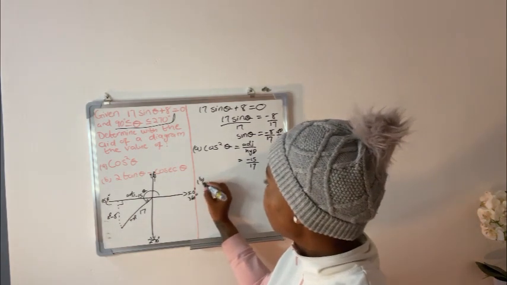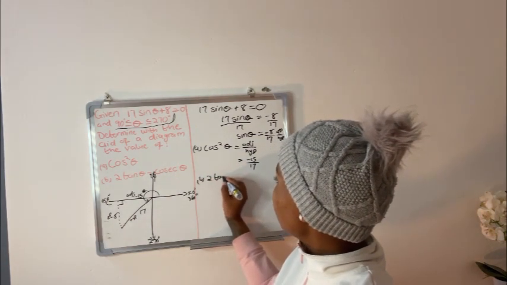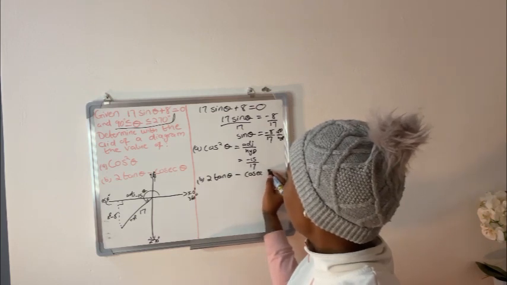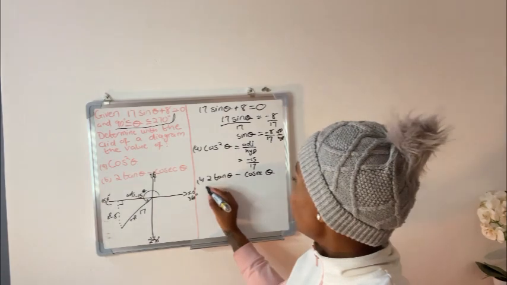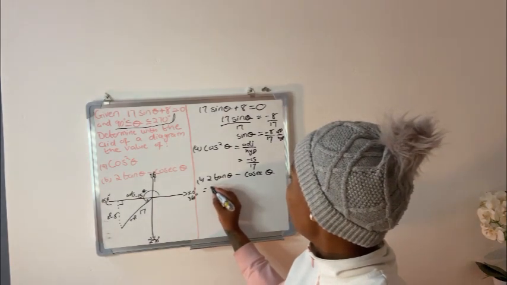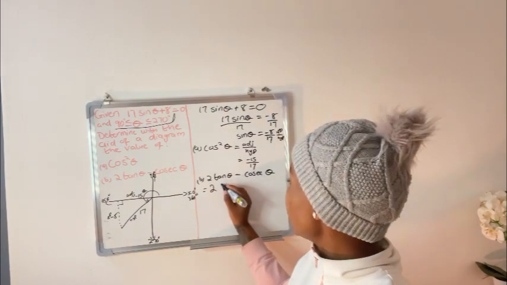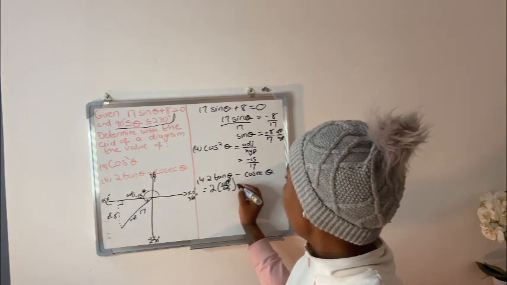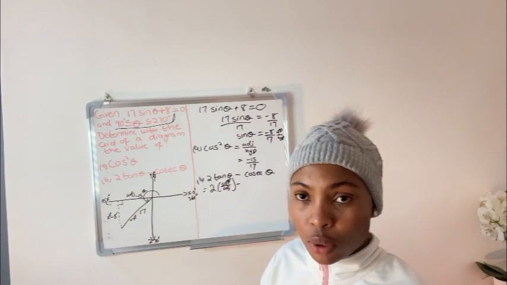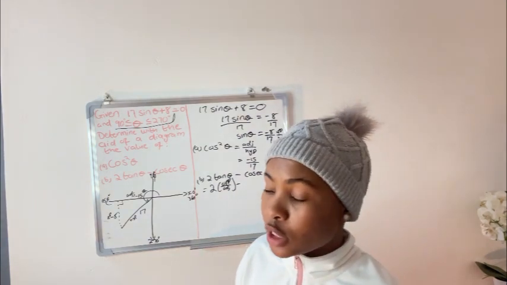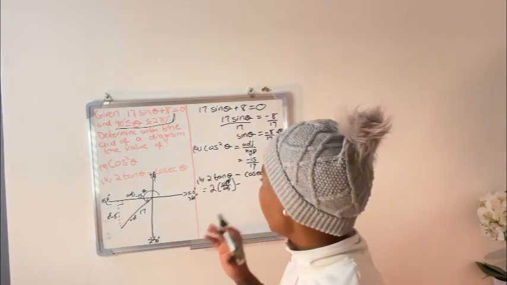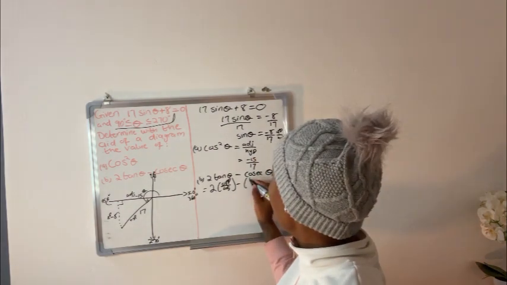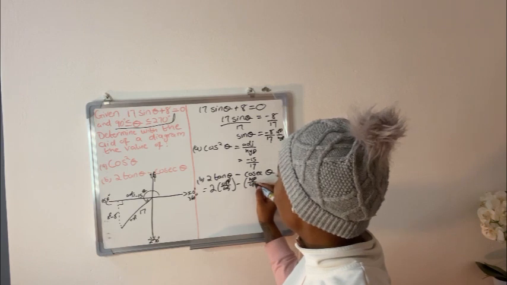Now B, we have 2 tan theta minus cosec theta. So this will give us 2, our definition of tan, opposite over adjacent, minus the definition of cosec. Remember, cosec is an inverse function of sine. So if sine is opposite over hypotenuse, cosec is hypotenuse over opposite.